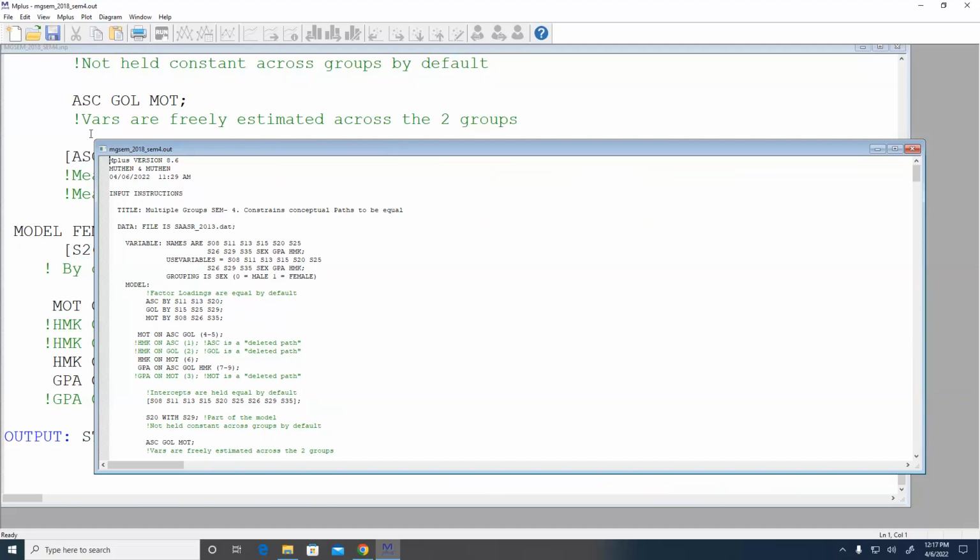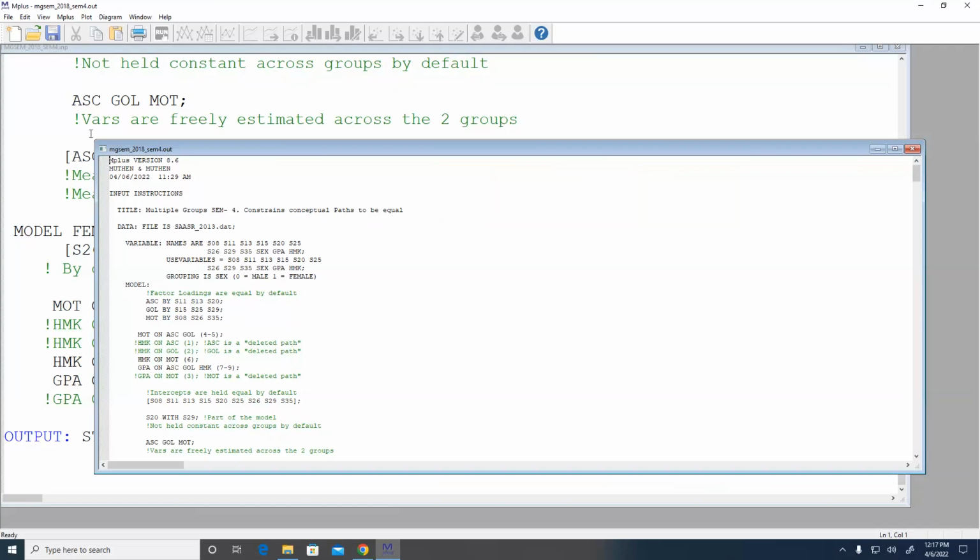The model that I'm going to prefer is model 7. It's not significantly worse than the completely unconstrained model, and it is significantly better than the completely constrained model. Kind of follow that logic?